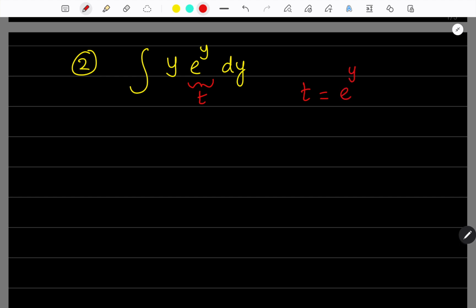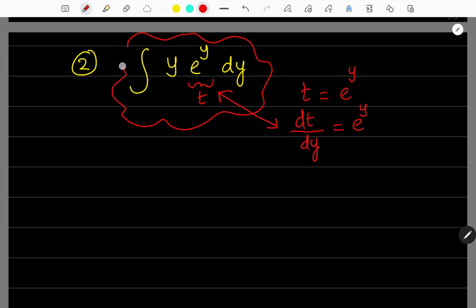In the substitution, when I call something t, I have to differentiate the next step with respect to that particular variable on the right hand side. So dt divided by dy is equal to e power y, right? So now look at this one and look at this one. All the things in the integral must be converted in terms of t.